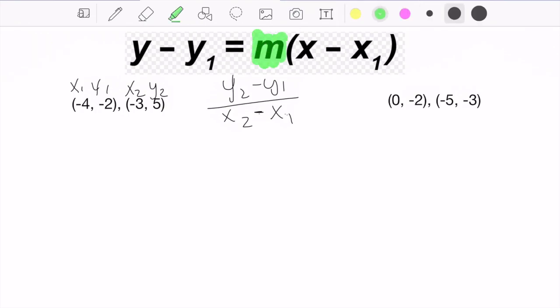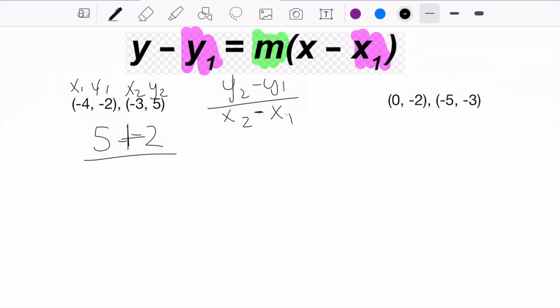It's important to find our slope first and then plug in our point. So y2 is 5 minus -2. Add a line, change the sign. And then we have -3 minus -4. Again, add a line, change the sign, which gives us 7 over 1. So our slope is 7 over 1 or 7, either way.